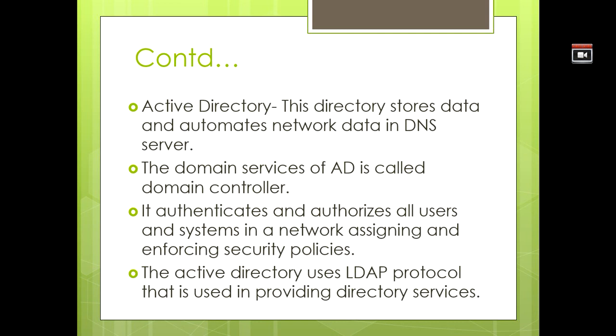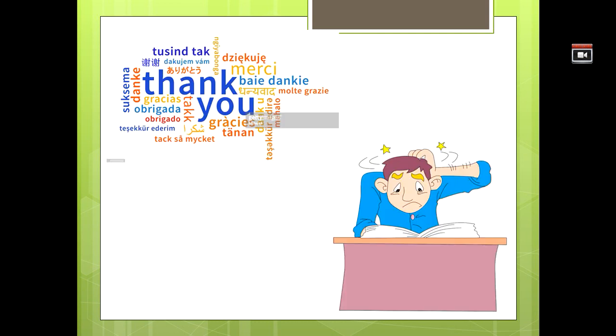The domain services of Active Directory are called a domain controller. This authenticates and authorizes all users and systems on a network by assigning and providing security policies. This directory uses the LDAP protocol in order to provide directory services.